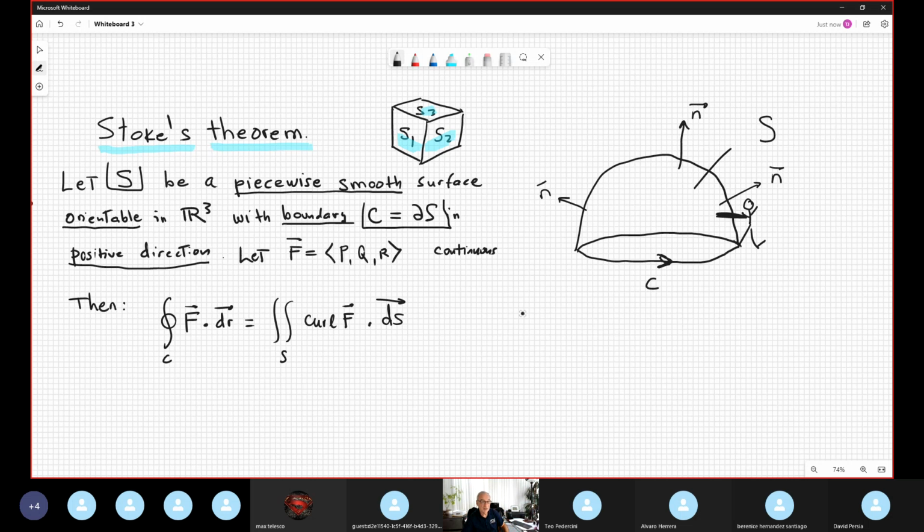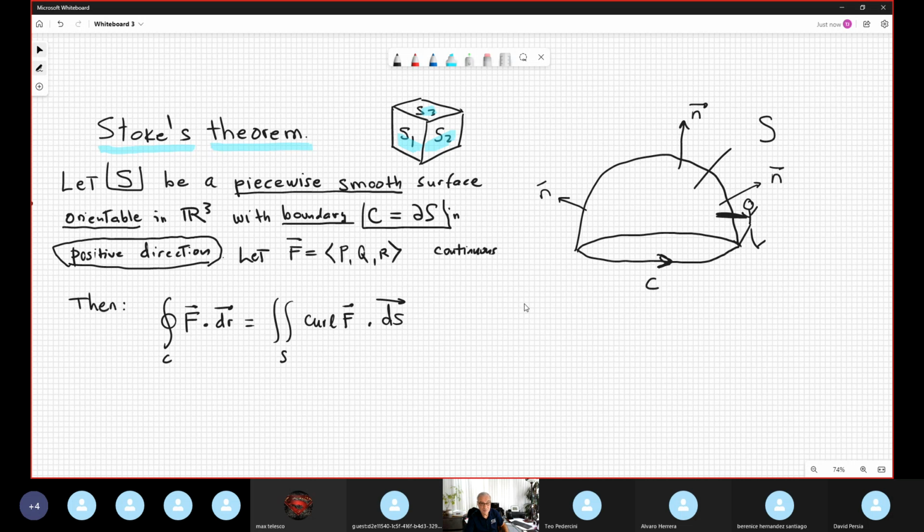This is the idea behind the theorem. Suppose it is opposite, it's not the left, it's the right. Then the formula is the same, but you put a negative sign here.